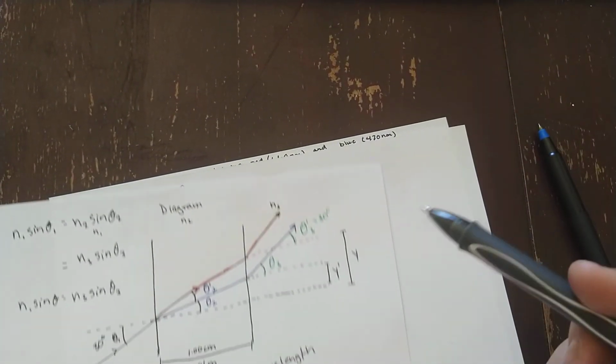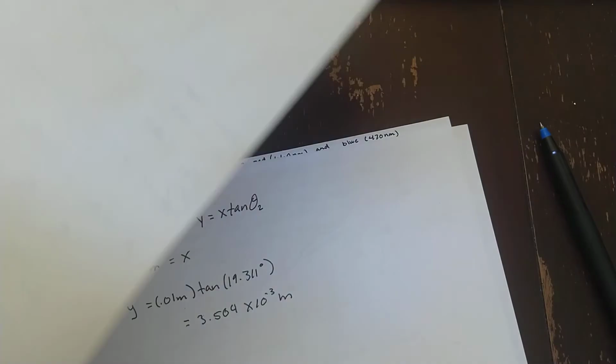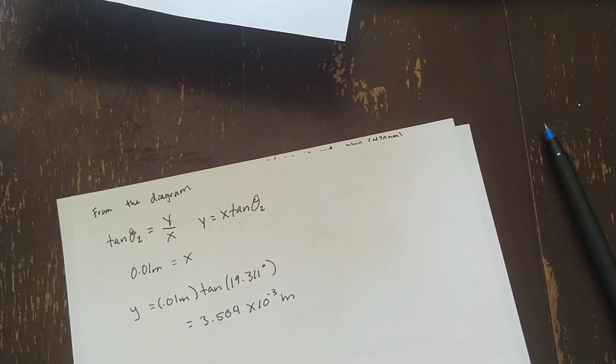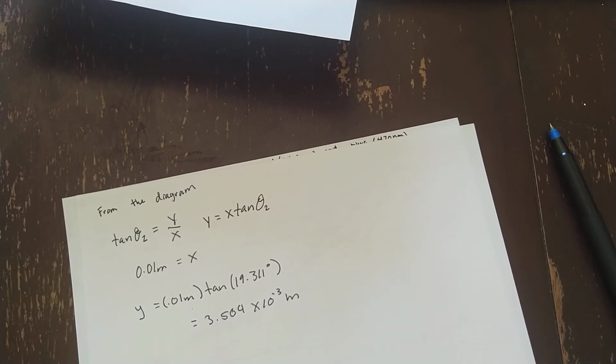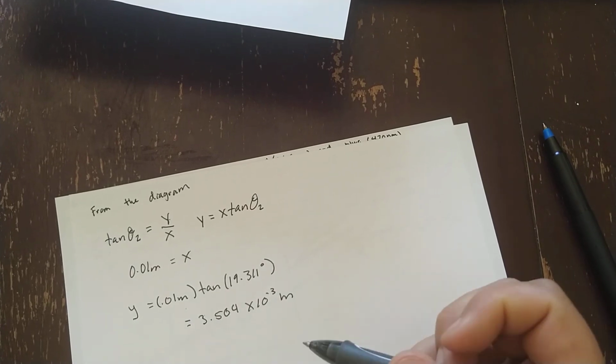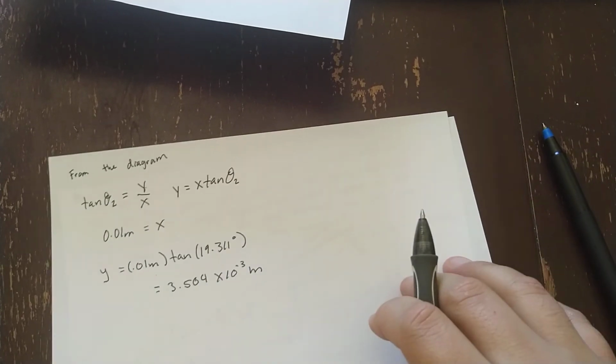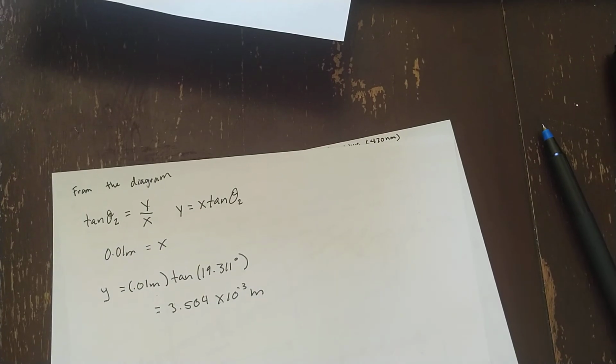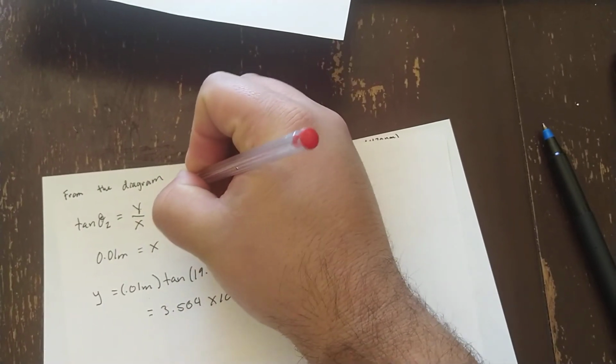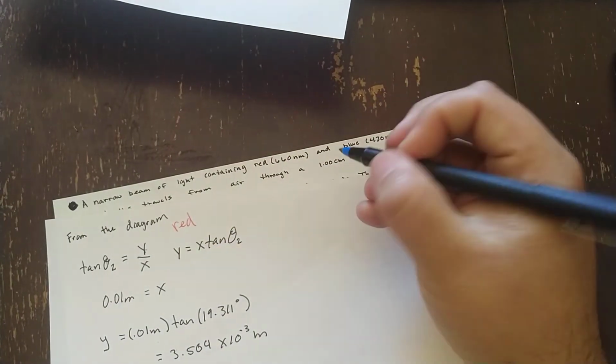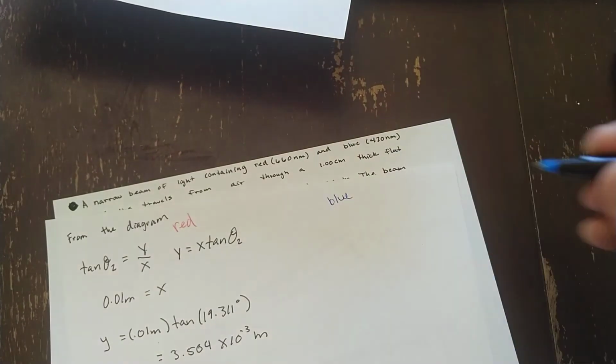So now we need to solve for y prime to get the smaller value. We're going to use the information from the blue wavelength to do this. Let me just note this down as red. This is going to be blue.